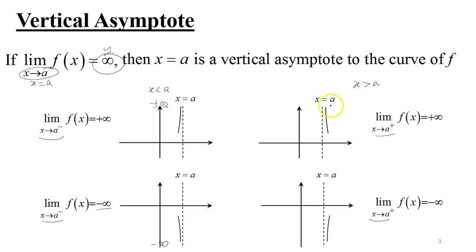The curve could be at the top going towards positive infinity, or at the bottom going towards negative infinity. So when x is approaching a plus, the limit would be positive infinity when the curve is going upwards infinitely, and it would be negative infinity when y is going downwards infinitely.